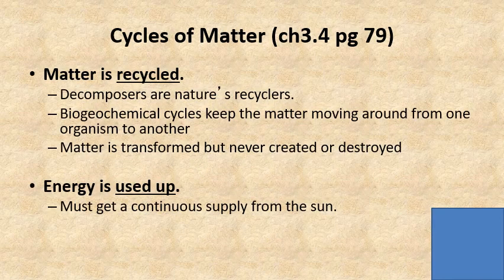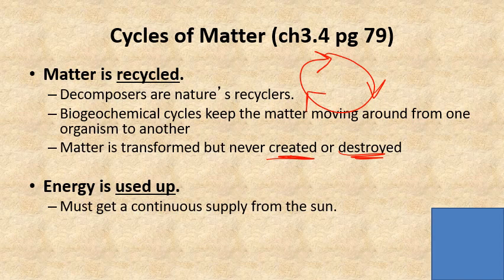Now, getting to the heart of how ecosystems work is the difference between matter and energy. So matter is recycled, and that's based upon the idea that nothing is ever created or destroyed, just transformed into different configurations.